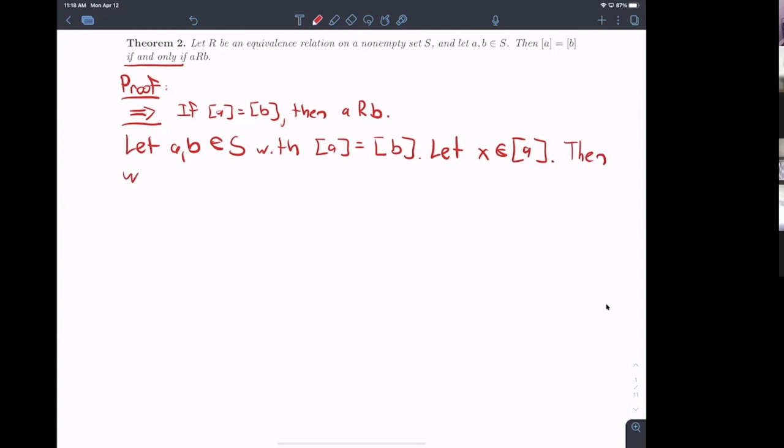So let's consider some element X which is in equivalence class A. Then we know that X is related to A by definition of equivalence class.